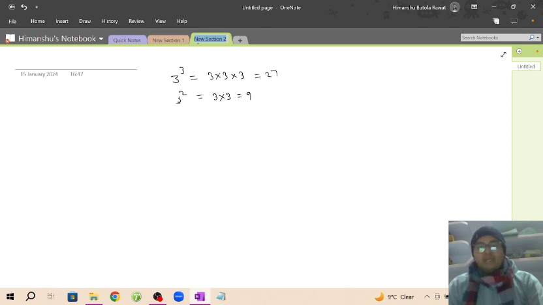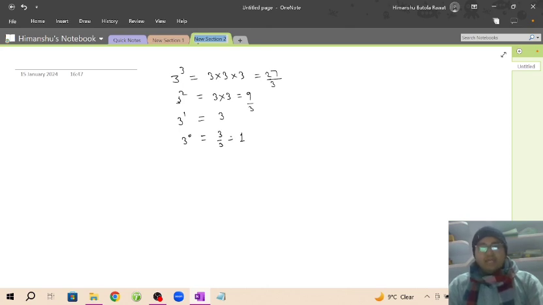If we decrease the exponent by 1, the answer is 1/3 of the previous value. If I divide 27 by 3, that gives you 9. If I decrease the exponent by 1 again, it gives you 3, and the previous value is 1/3 of this value. Now for 0, 3 divided by 3 gives you 1.